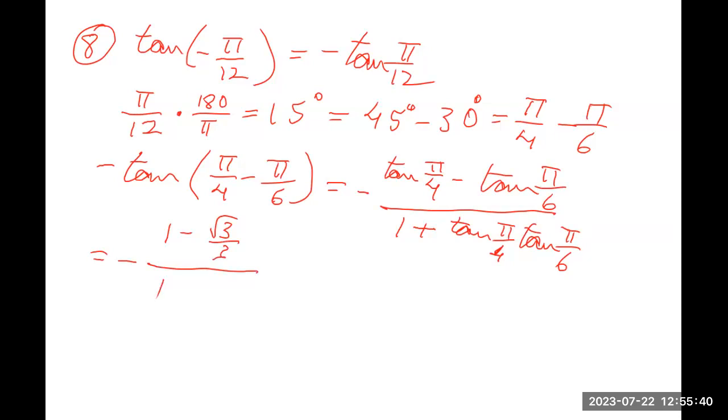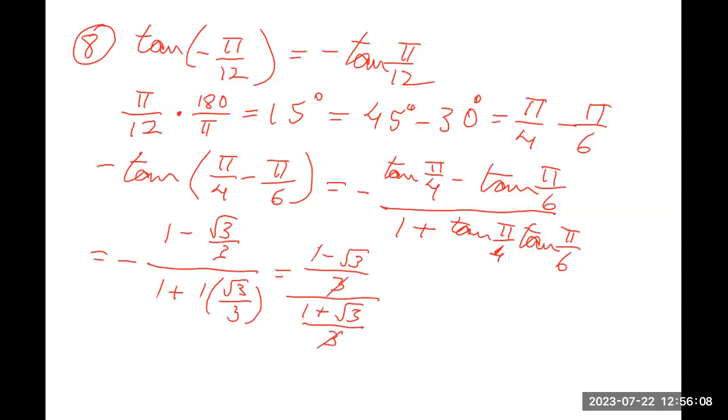And then 1 plus, again, 1 times √3/3. So this is 1 minus √3/3 divided by 1 plus √3/3. And then you can cancel the 3's.